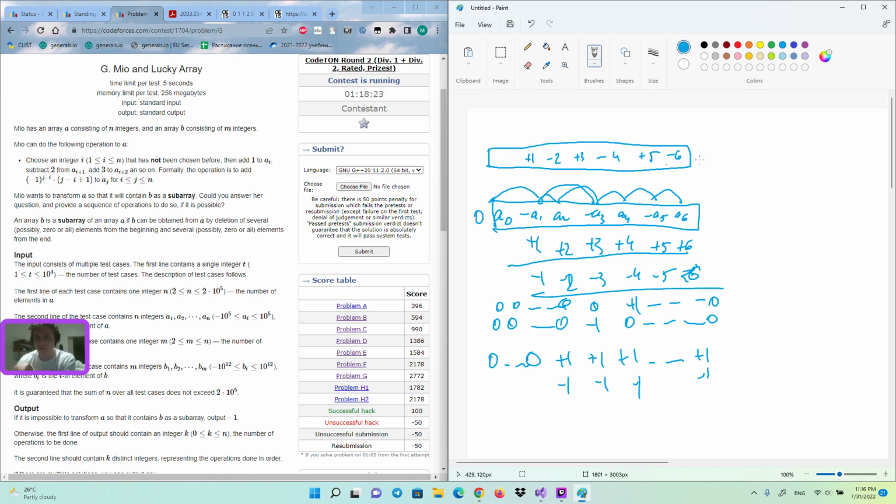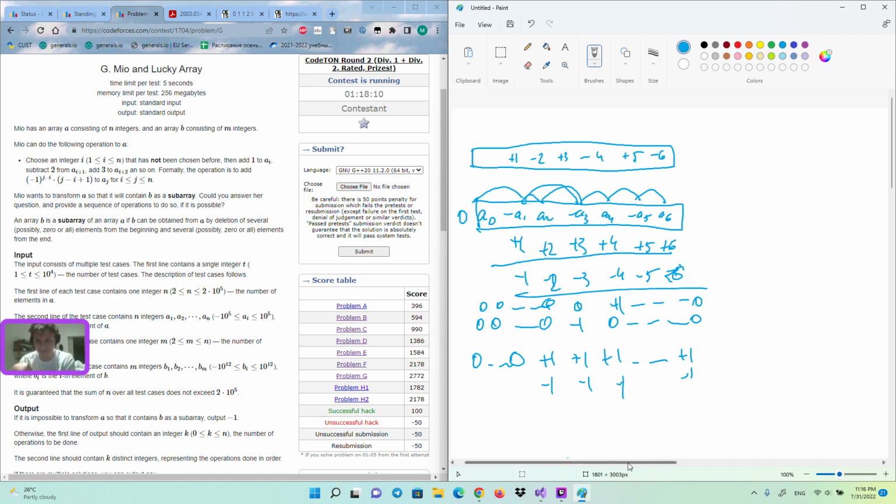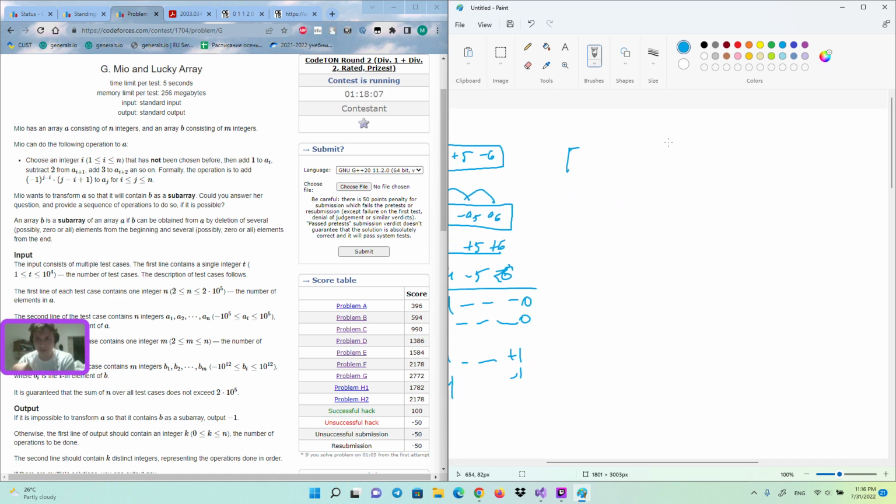So let's consider this problem. It's so hard. What do we have? We can transform array A like this. And there is an array B. But it might be not this array B. Firstly, there might be this problem, x minus 1.